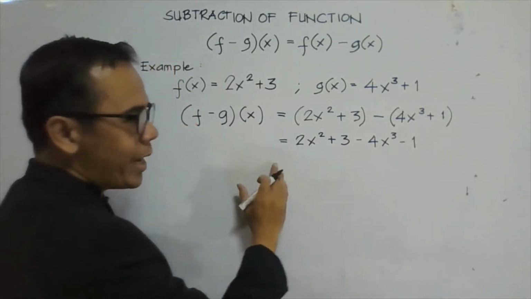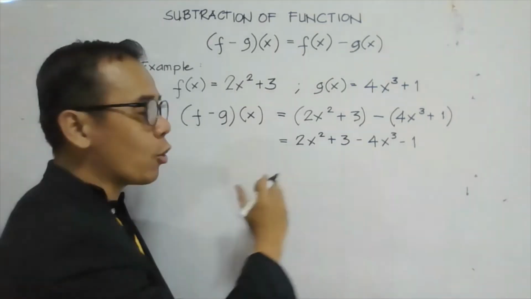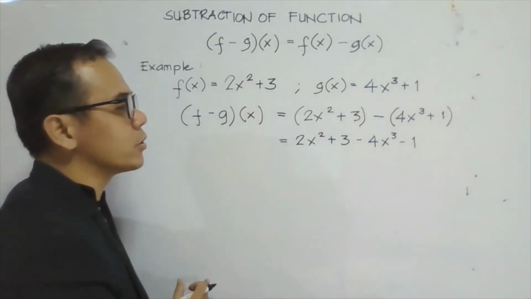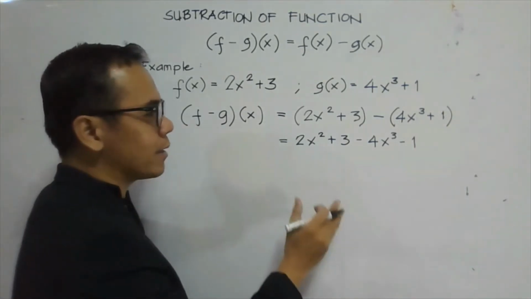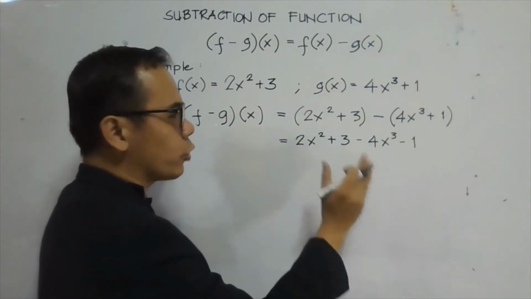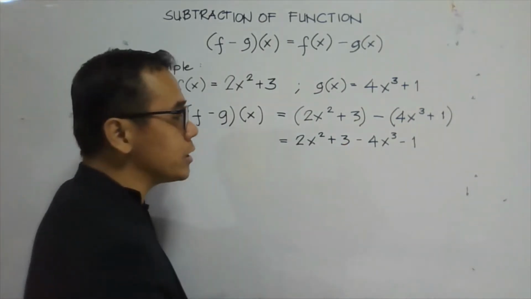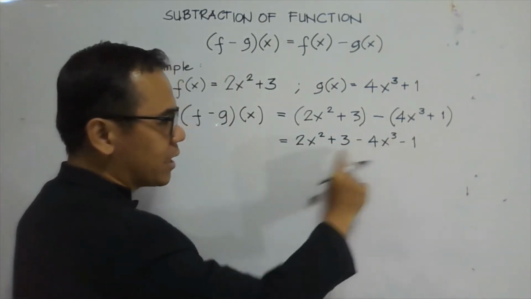So we have to arrange it in a descending order now for our final answer. Meaning we have to look at the term that has the highest exponent, which is equal to 3 in this case.